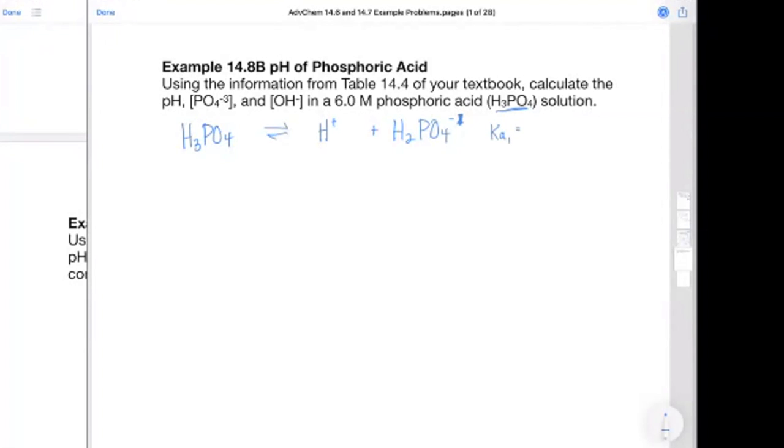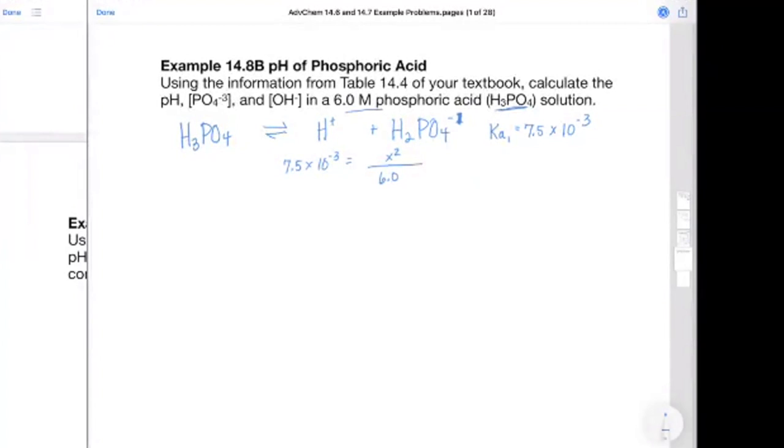Oops, it's a 1, sorry. The Ka value, according to your textbook, is 7.5 times 10 to the negative third. So do an ice chart, but to simplify that work, we know the Ka is products, both of which we don't know, so x squared, over reactants, which the phosphoric acid is 6 molar.